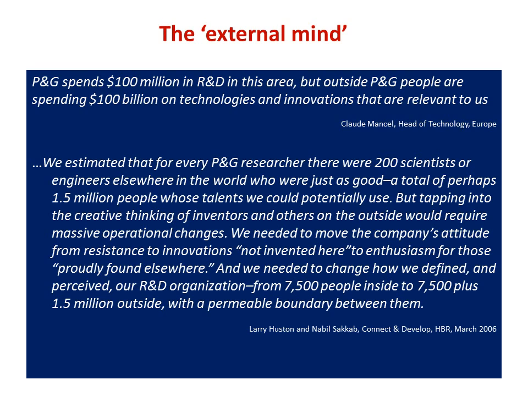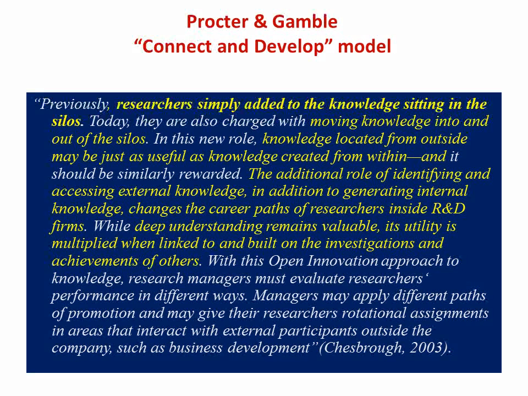So we needed to move the company's attitude from resistance to innovation, not invented here, to enthusiasm for those ideas proudly found elsewhere. And we needed to change how we define and perceive our R&D organization from 7,000 people inside to 7,000 people plus the networks of those 7,000 people, which makes about, they say, 1.5 million outside. Clearly, the way you perceive the boundary of the organization has to be changed. It has to become permeable.